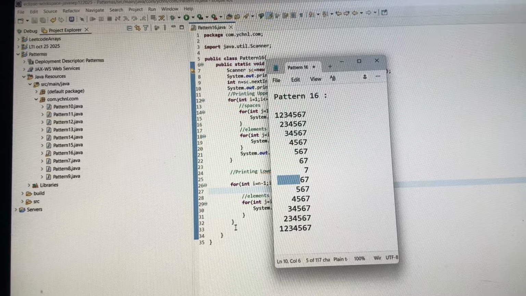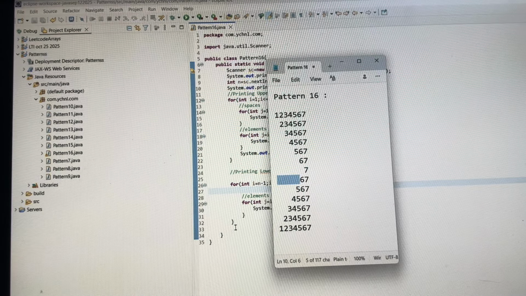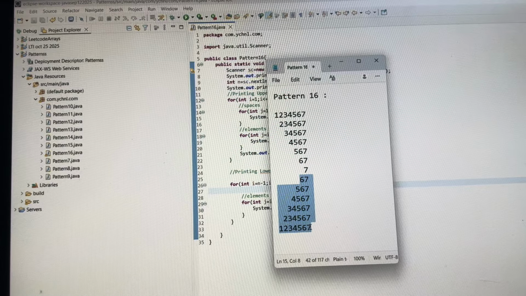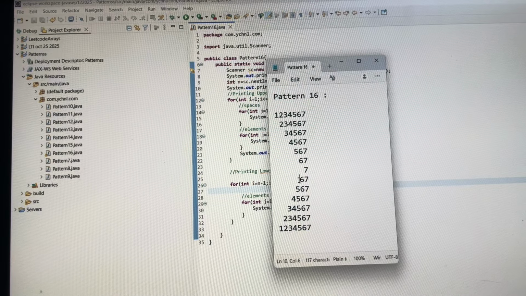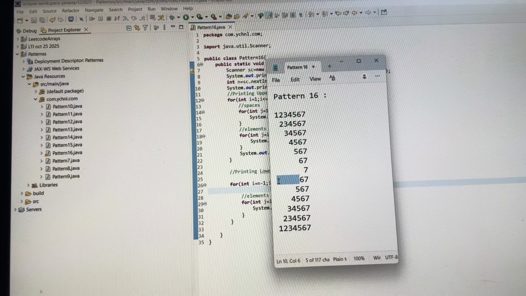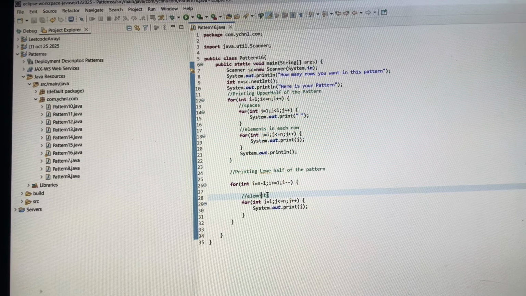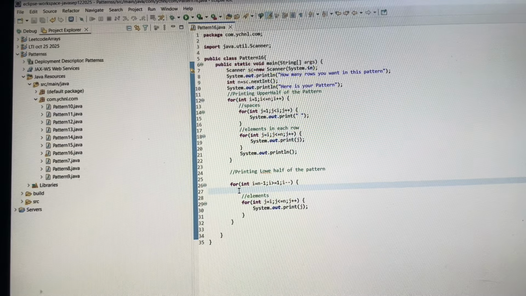See, if you observe the spaces in the second pattern, in the first row how many spaces are there? 5 spaces, 4 spaces, right? Like that. So we will do it here to print the spaces.